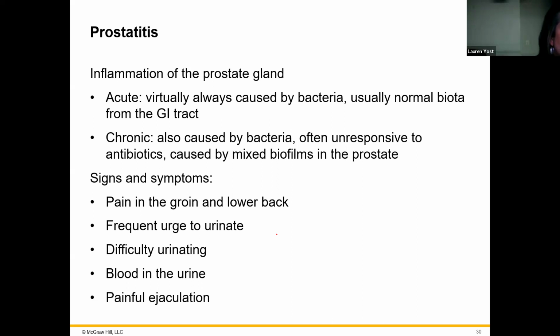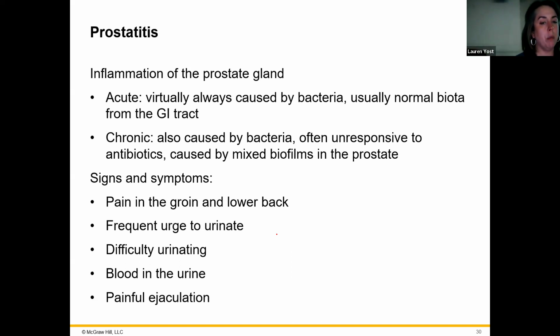This is usually associated with bacteria from the GI tract. Now, this isn't necessarily from your own GI tract, but we do see this associated with unprotected anal sex, typically. So in acute, we will see just the bacteria causing an infection that can lead to inflammation of the prostate. Chronic will be development of that bacteria into those biofilms. Very, very painful.